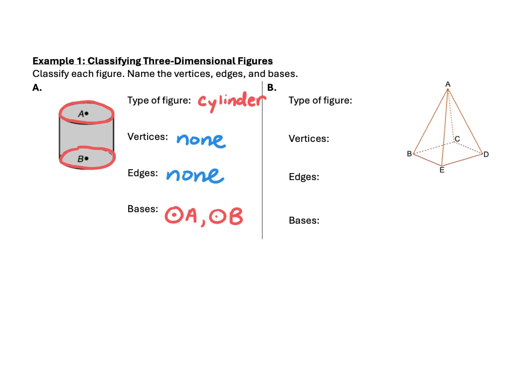The next figure in part B, you can see there's just one base right here. And then the other faces, the lateral faces, are triangles. That makes this a pyramid, and we name a pyramid and a prism based upon the shape of the base. With this being a rectangle, we would name the figure a rectangular pyramid.